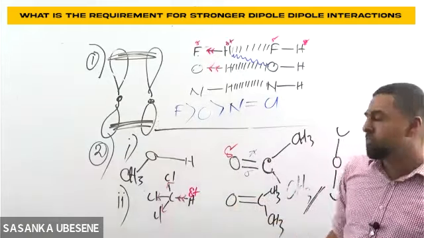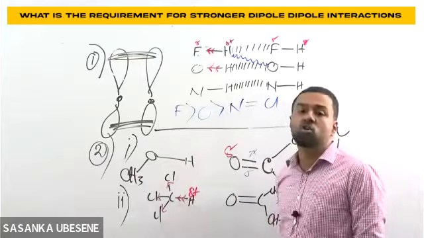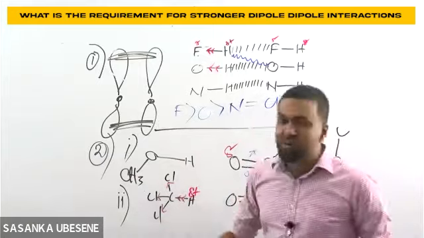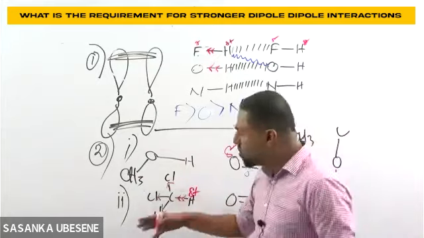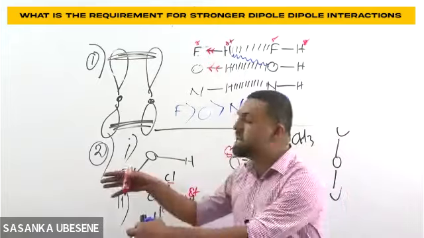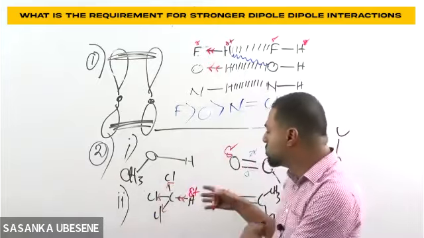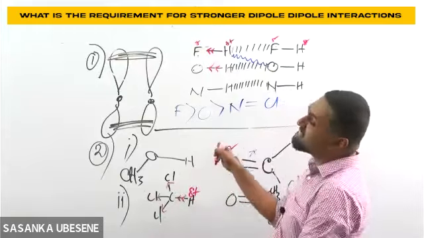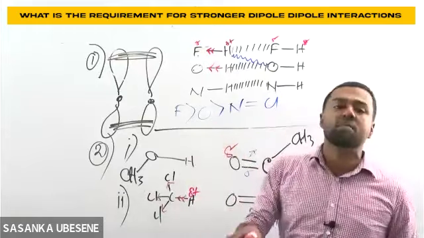This is chloroform. In chloroform, you have three chlorine atoms, and the three chlorine atoms withdraw electrons. Because of that, you have a greater electron deficiency on the carbon atom.